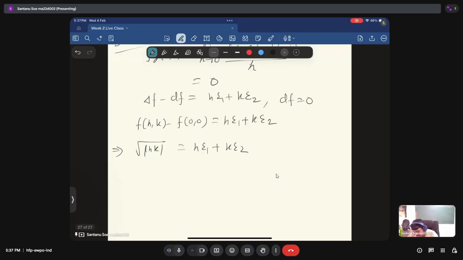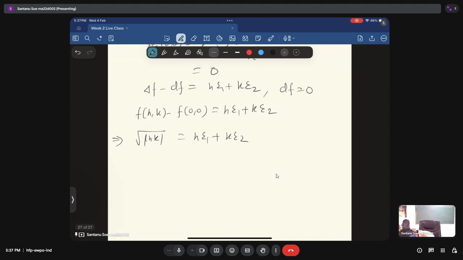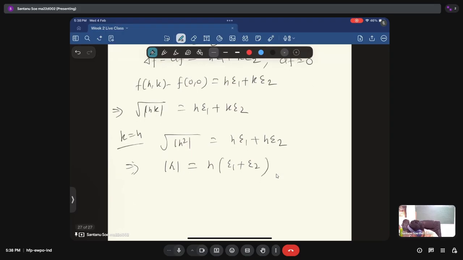So now we have to show that this equality holds when epsilon 1, epsilon 2 tend to 0 as (h,k) tends to (0,0). So now just take the path k equals h, then this is nothing but square root of modulus of h square equals h epsilon 1 plus h epsilon 2. And this is same as modulus of h equals h times (epsilon 1 plus epsilon 2), correct?